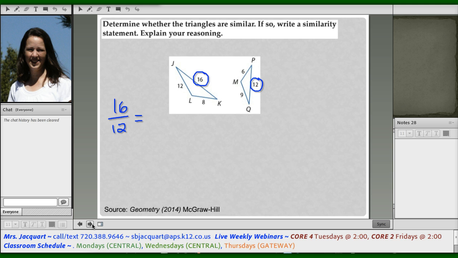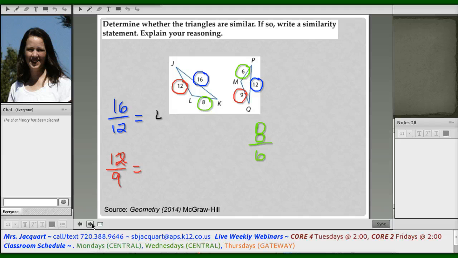Then we're going to take the medium side divided by the medium side. And what does that equal? And then we'll take the smallest side divided by the smallest side. Now notice I'm starting from one triangle and then going to the other triangle.